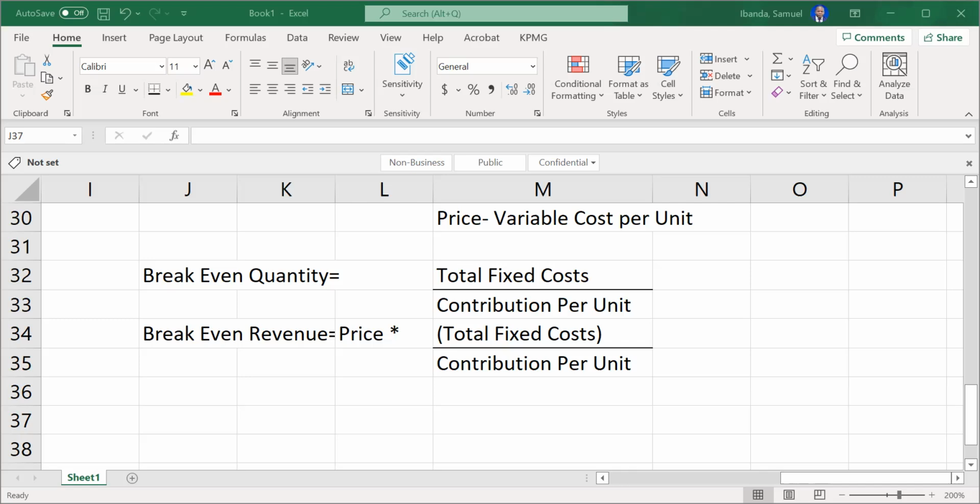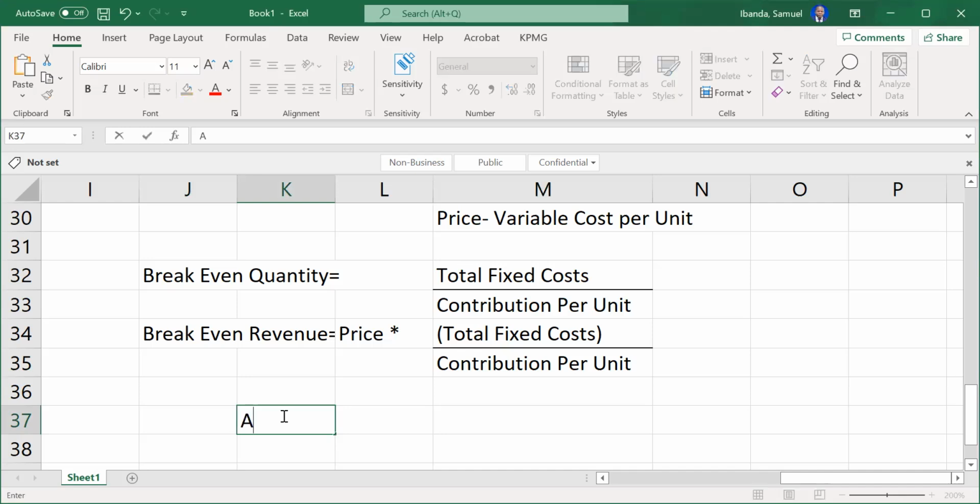Okay. So let's look at a number here. Let's look at a scenario. A company, ABC Limited, sells shirts for men.